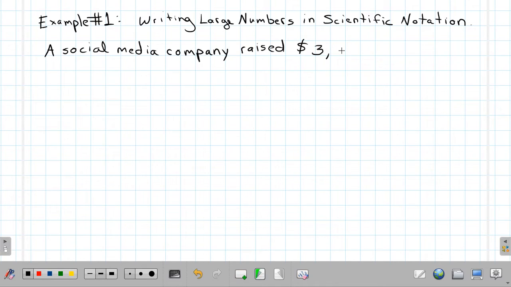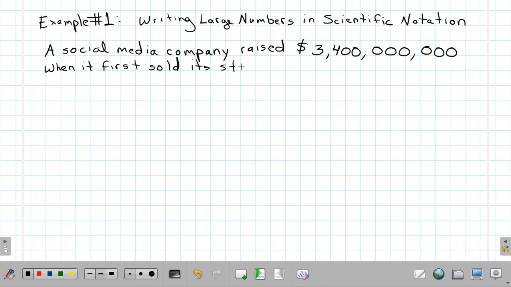So this is $3,400,000,000, and the rest are zeros, so that's $3,400,000,000 when it first sold its stock to the public. Okay. Once again, a lot of extra information there.